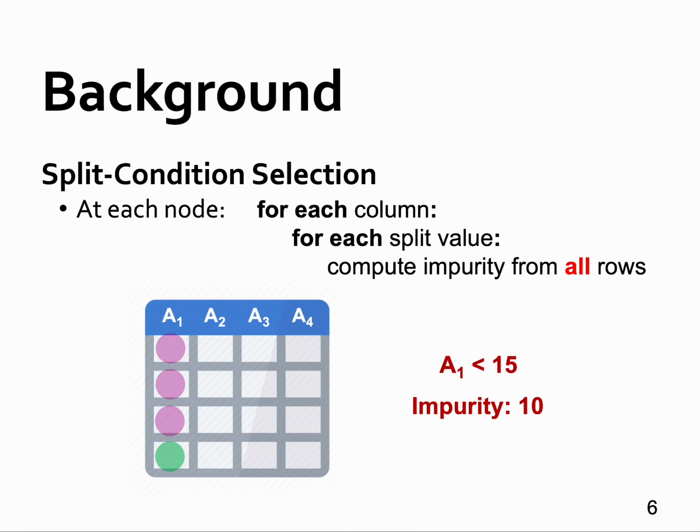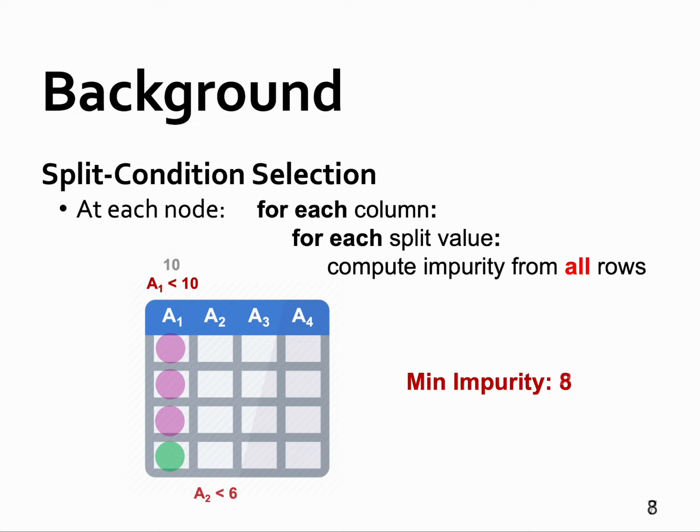And A1 less than 15 leads to an impurity of 10, which is larger again. So we select the second condition for A1, which has the smallest impurity. We do the same to find the best split condition for A2, A3, and A4. The overall best split condition with a minimum impurity is therefore A2 less than 6.